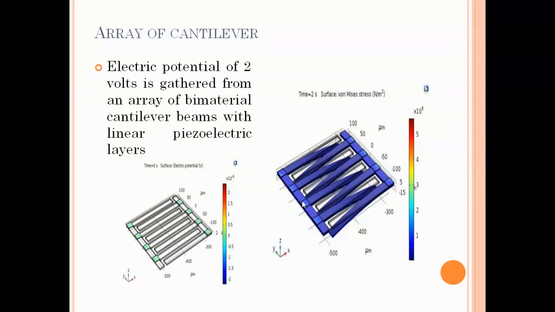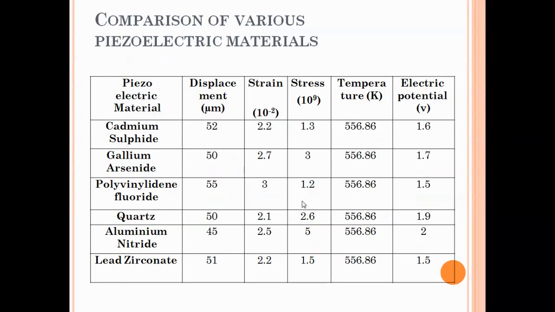To generate the maximum amount of energy, I am using an array of cantilever beams. This array can generate a maximum of 2 volt as output voltage. Based on this table, we can conclude why I chose aluminum nitride. I simulated different materials in the designed structure: cadmium sulfide, gallium arsenide, polyvinylidene fluoride, quartz, aluminum nitride, and lead zirconate.